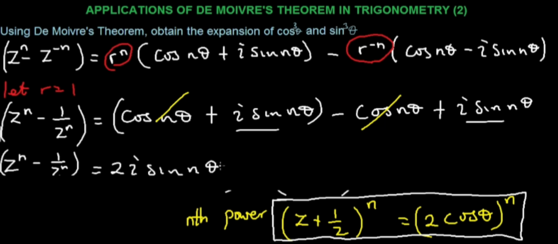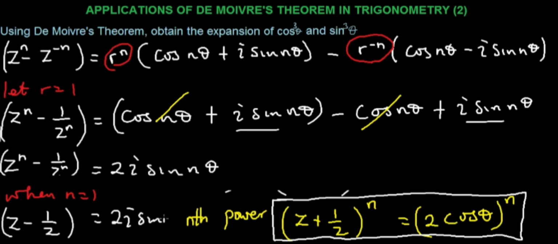So now bringing it together the way we did for cos, when we're dealing with the first degree, when n is 1, we would have z minus 1 over z is equal to 2i sin theta.